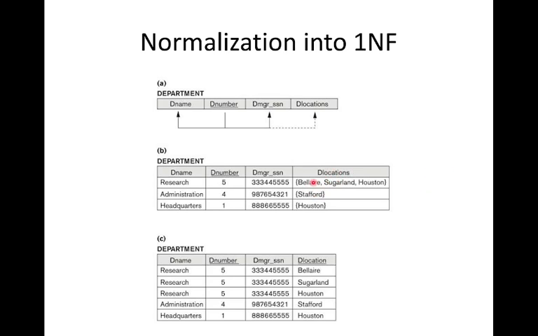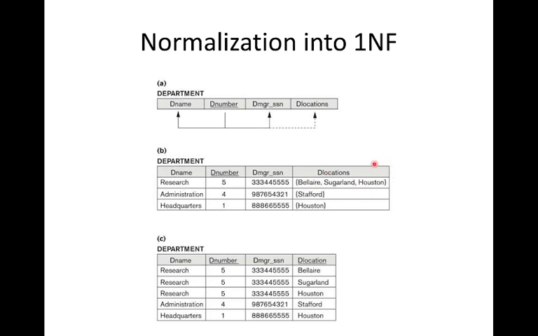If we say that one department can be located in at most three or five different locations, then we can split this attribute into department location 1, another column department location 2, department location 3, department location 4, like that five columns. So we have to specify the maximum number of locations that a department can have.